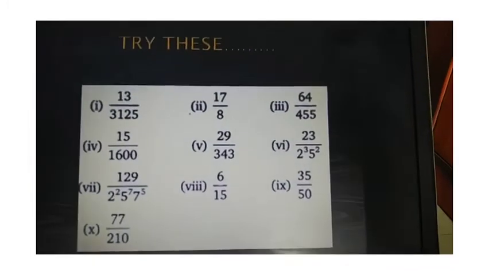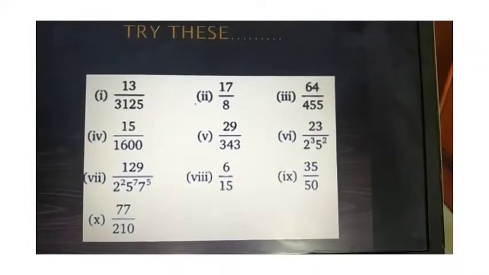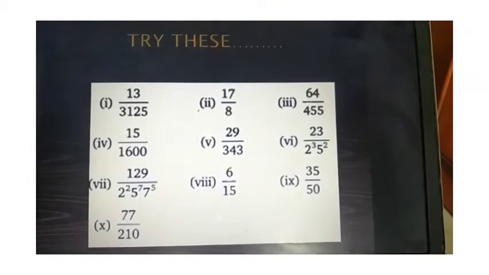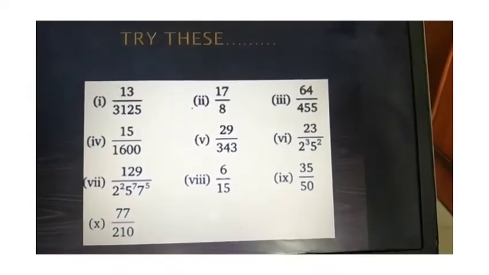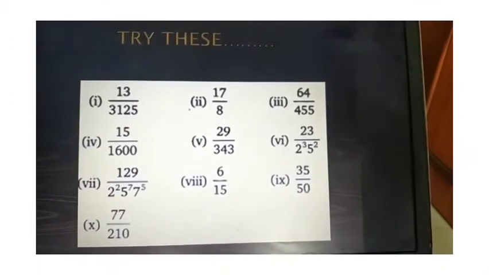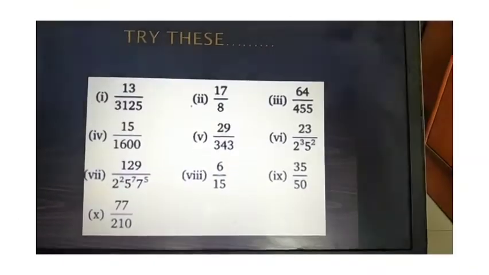Now I'll give a worksheet for you. Try these numbers and find out whether they are terminating or non-terminating. When you divide and see, you can find out. I'll give you the answers soon.